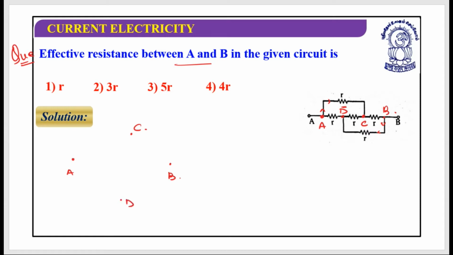These two are required. So if I write, from A to D, have one resistor.